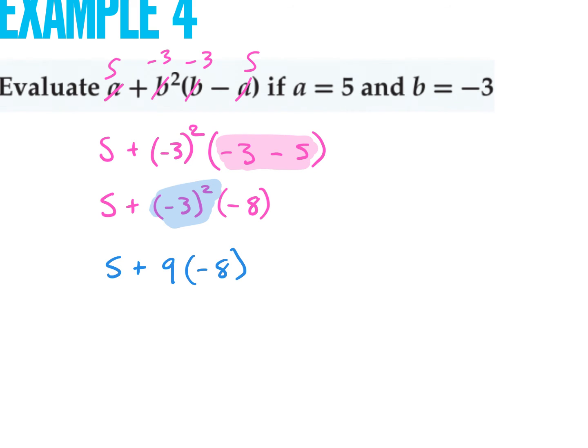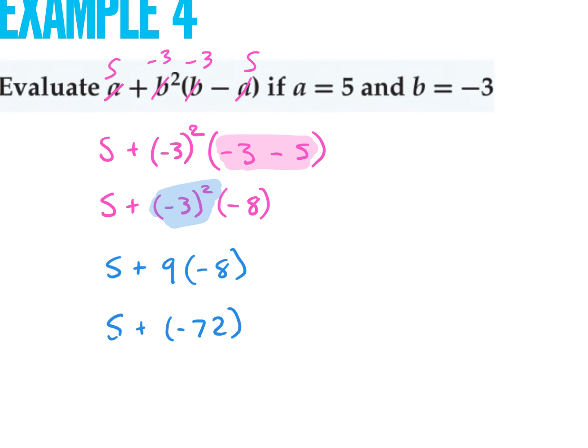What should I do next? Multiplication. What am I multiplying? 9 times negative 8. What's 9 times negative 8? Negative 72. So I have 5 plus negative 72.